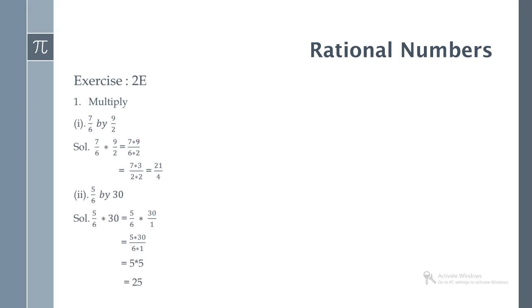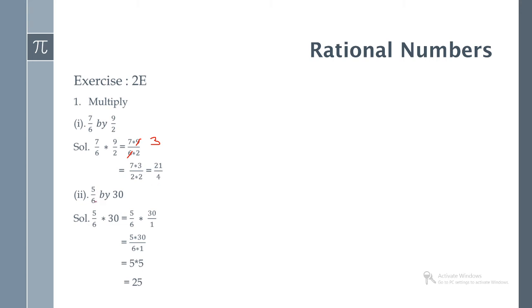I am cancelling 9 and 3 with the 3 table. 3 twos are 6, 3 threes are 9. Now, do I cancel any numbers here again? Can I cancel it? Why? Because it's 2, 2 and 3, 7. We cannot cancel it. That's the reason 7 into 3 is 21 by 4.